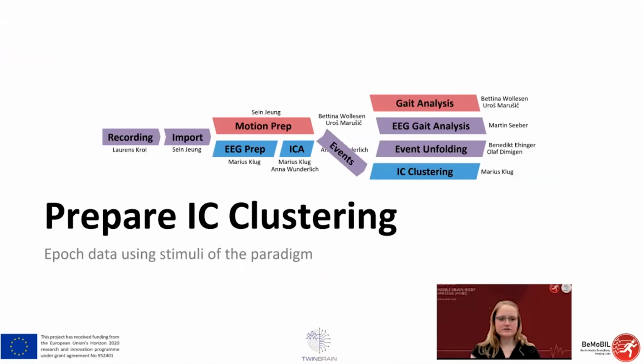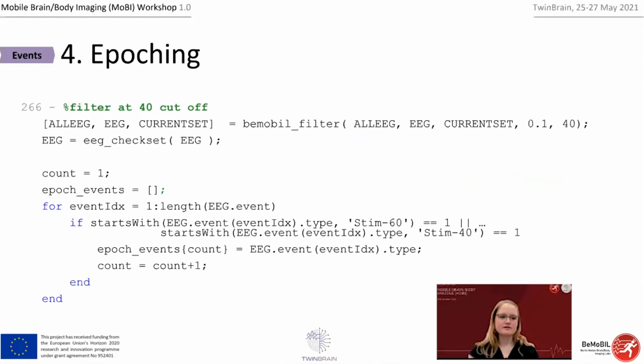And if we want to prepare, just in short, the IC clustering session, we need to epoch the data. So this is related to events as well. We're just following the path down here today, and we can use the events we extracted from the EEG activations. But for now, we go back to the actual stimuli that were presented in the data.